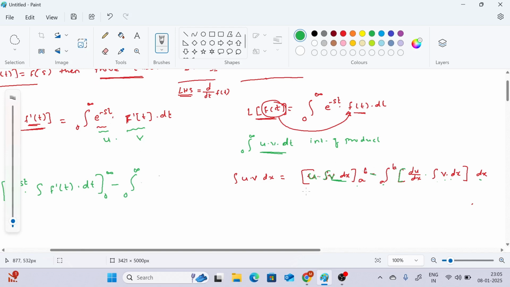U means e raised to minus st, d by dt of e raised to minus st, because यहाँ पे with respect to t derivative है. So I am going to mention d by dt of e raised to minus st into integration of f dash of t into dt, right, into dt, again dt.